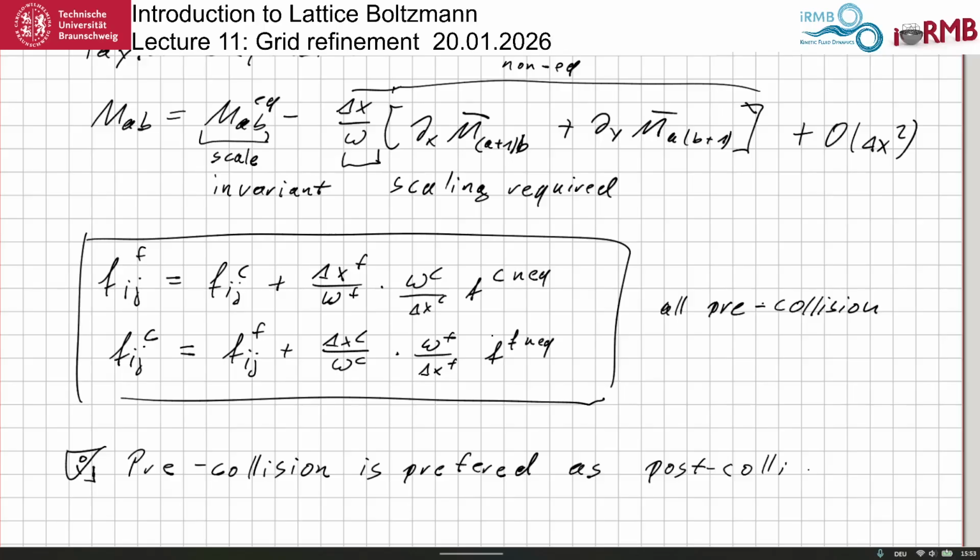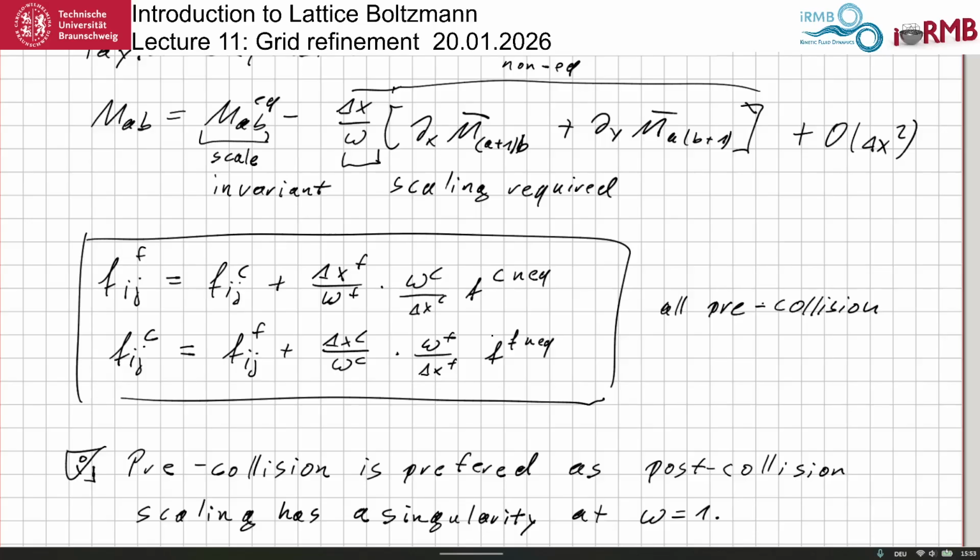I mean, you can try it out. It makes sense. It has a singularity at omega equal to 1.